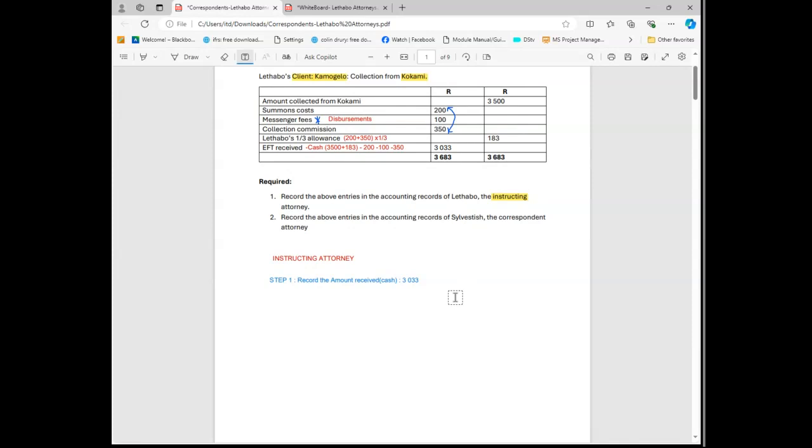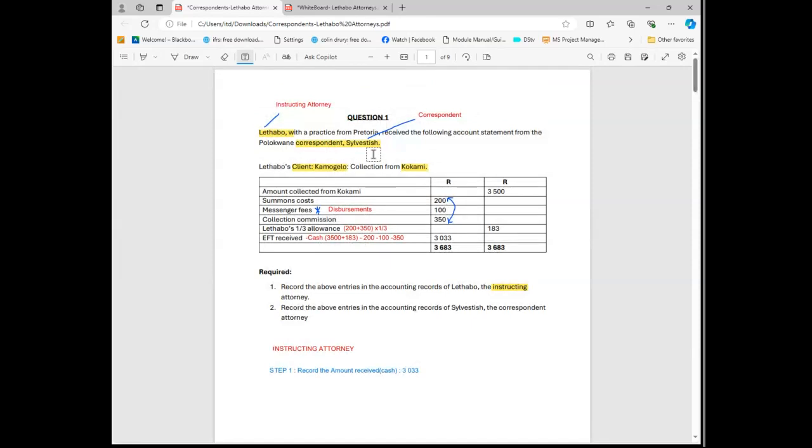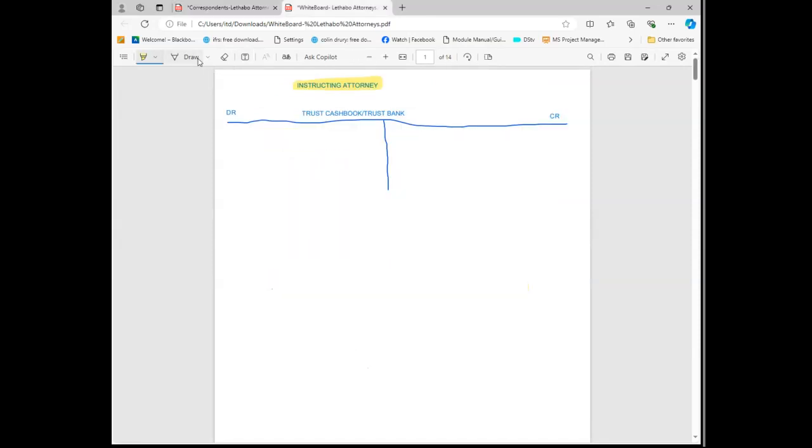But we must also show that this comes from the correspondent, in the name of Sylvester. Because the transaction is between the two attorneys, you must also have an account like this, and this account has to be the account of the other party, which is the correspondent, in the name of Sylvester.